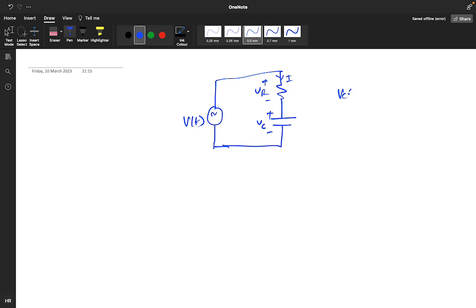What will be Vc of t? Vc of t is 1 by c integration of I of t into dt, right? Remember or forget?